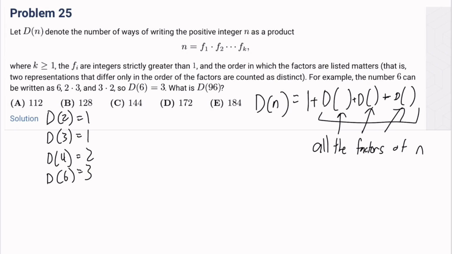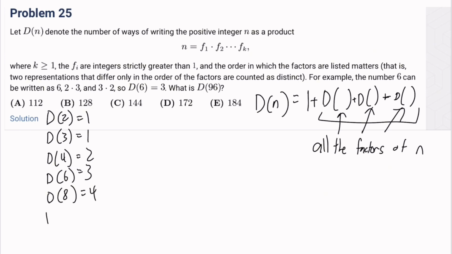This is 3 as was given by the problem, and then we have d8. d8 is 1 plus d2 plus d4, so that's 1 plus 1 plus 2, which is 4. And d9 is 1 plus d3, so that's 2.